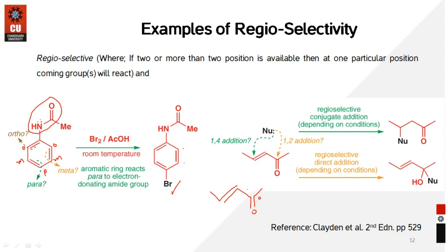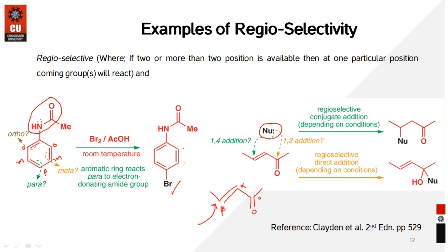In the next case, here is the case of a chalcone. A chalcone is an alpha beta unsaturated carbonyl compound. So whenever I am reacting with some nucleophile, the nucleophile will attack at the beta position also.